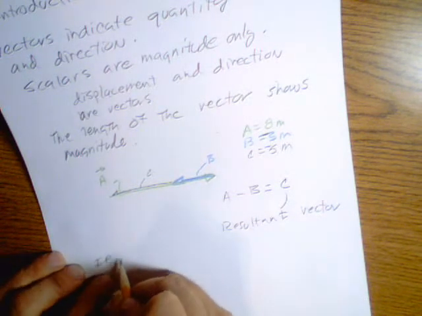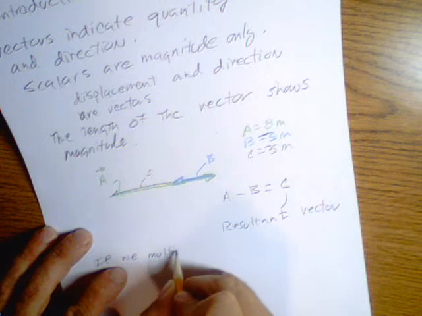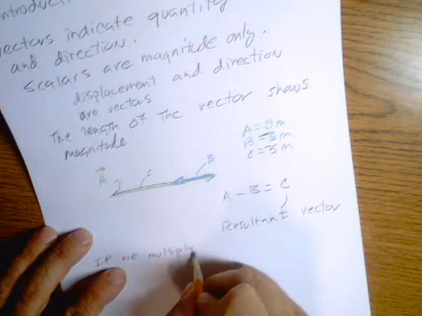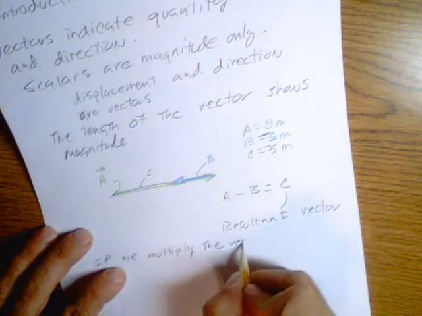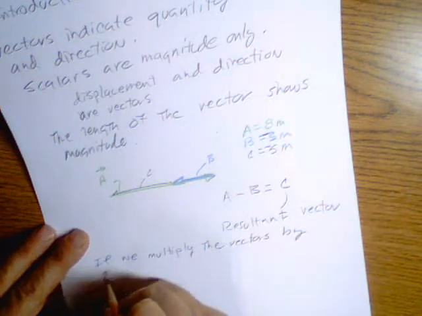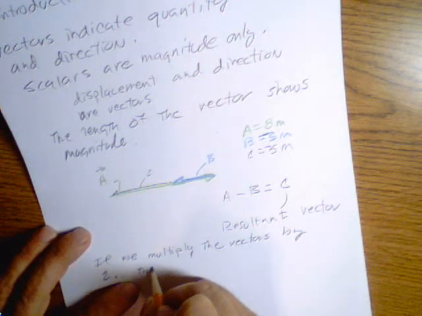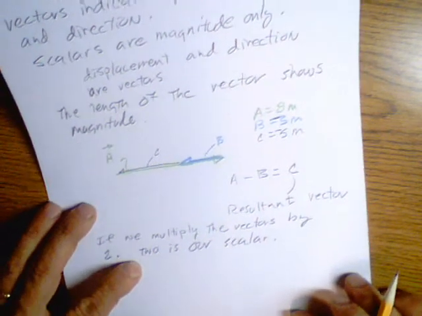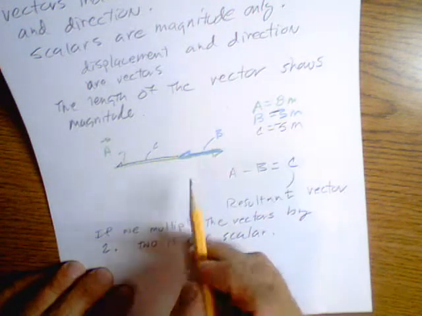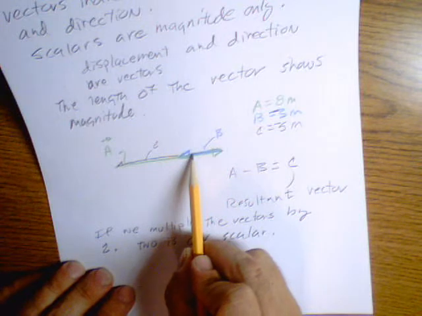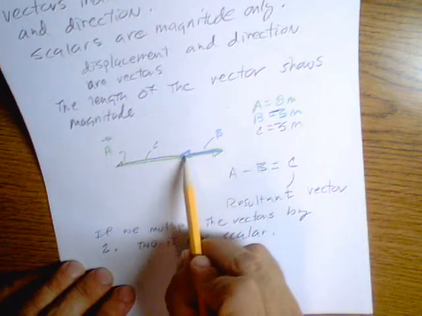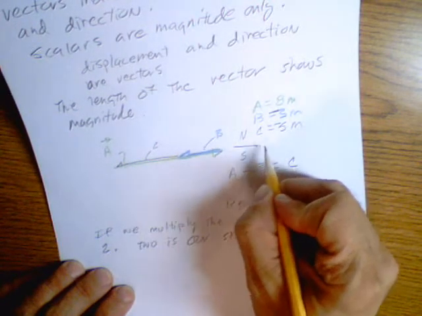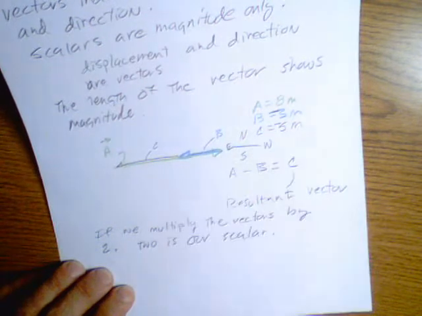If we decided to multiply the vectors by 2, then 2 is our scalar. Right? So as you can see, the length of the vector indicates its magnitude and also its direction, because we could say this is north, south, this is west, and this is east. All right?